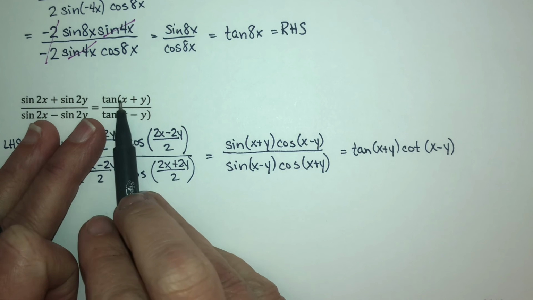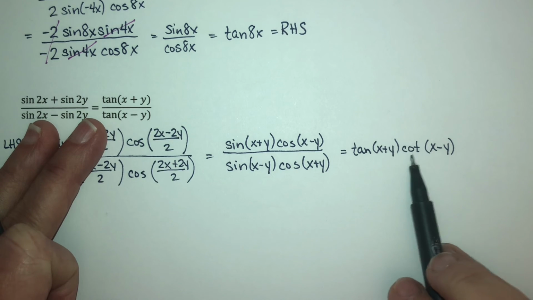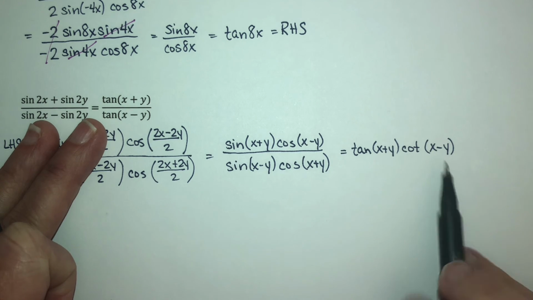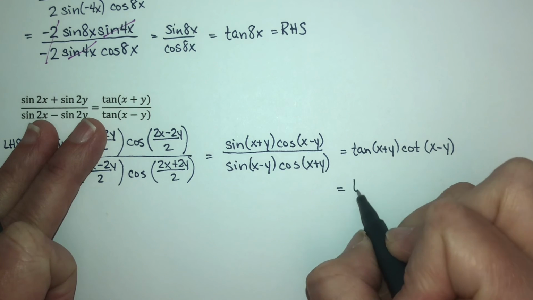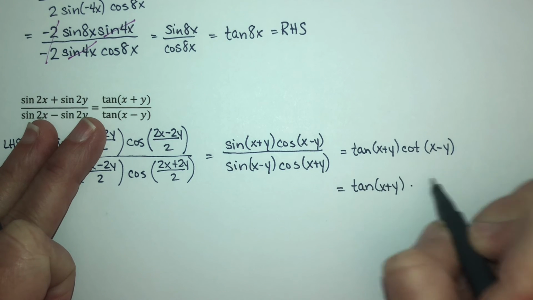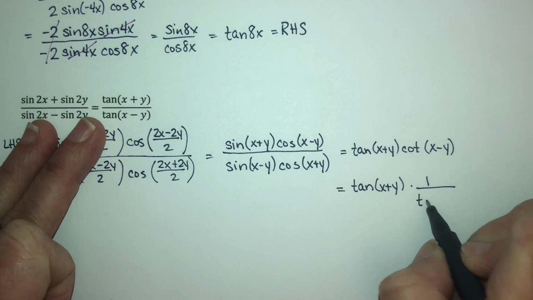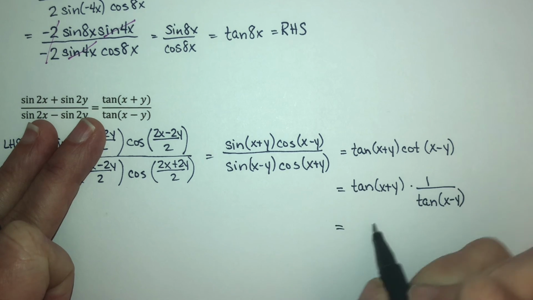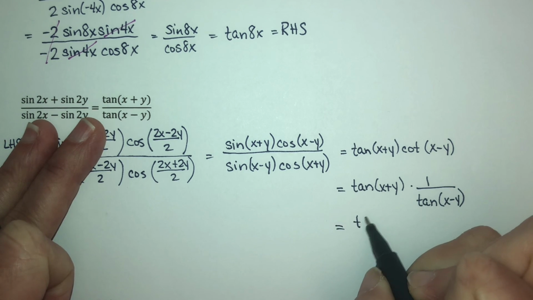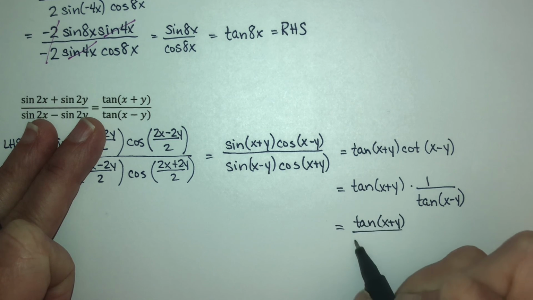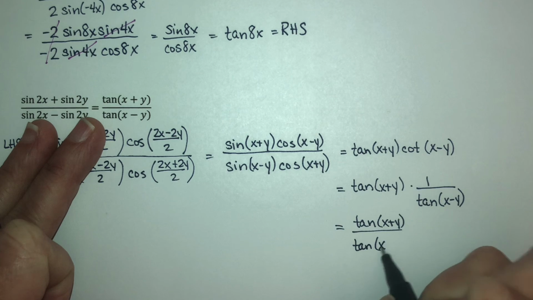I have the tangent of x plus y. I have cotangent of x minus y. Well, we know that this is the same thing as this. Which gives us the right-hand side. So I have tangent of x plus y over tangent of x minus y.